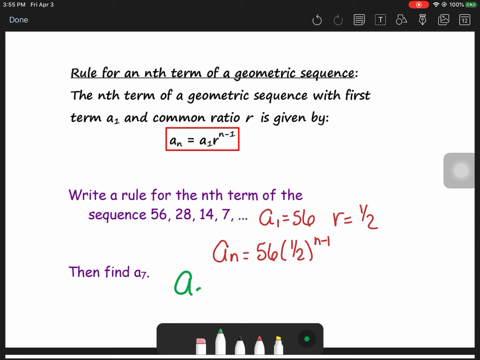So if I want to find the 7th term, I'm going to put 56 times 1/2 to the 7 minus 1 power. Remember the 7 minus 1, it's easier if we do that right away. And then we can plug that into our calculator. And because we're cutting it in half every single time, we're going to end up with a decimal that's 0.875.